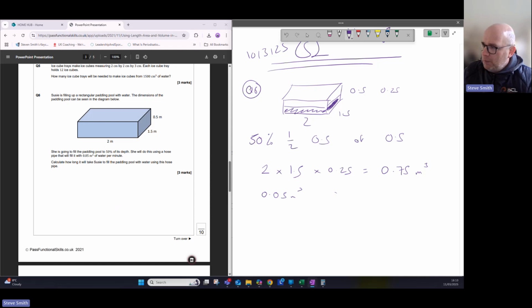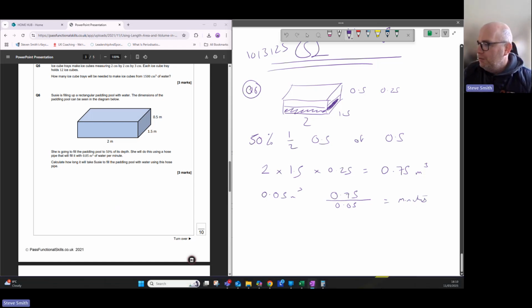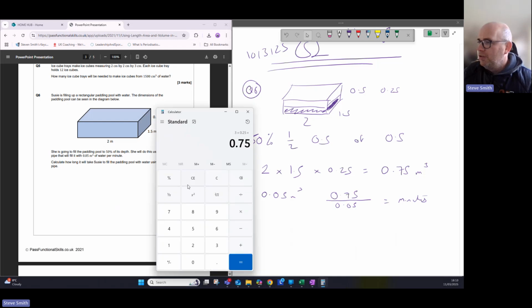So we need our big number. That's how much we want to get the water in. And we're going to divide it by how much water goes in per minute. And when we divide how big our volume is by how much water goes in per minute, it's going to give us minutes. So total minutes left. Right, so if we do that one, we should still have 0.75 on there.